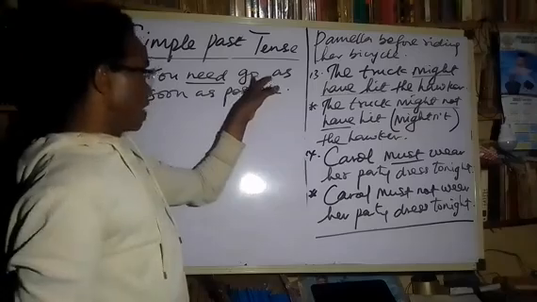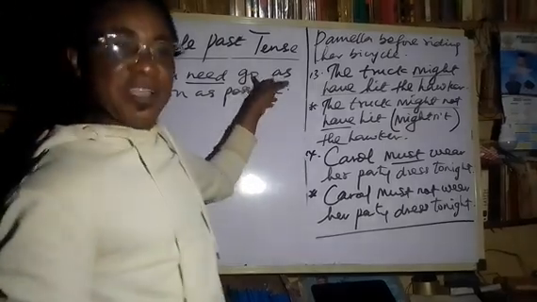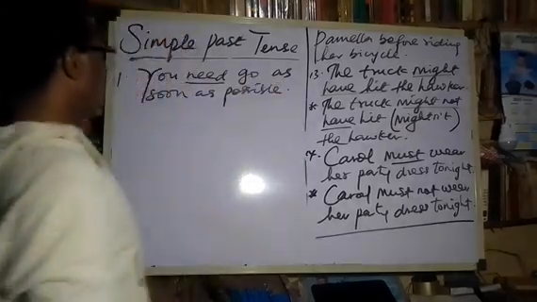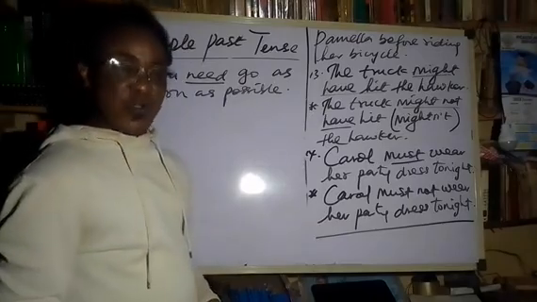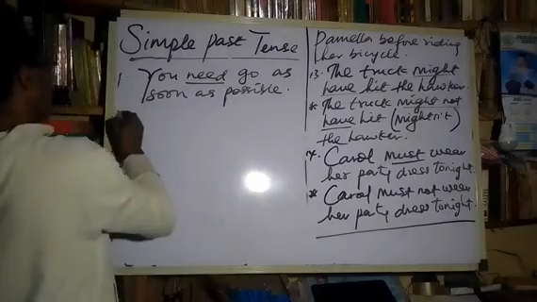When we use it also correctly without the to, it becomes a bare infinitive. So we can say you need to go as soon as possible, or you need go as soon as possible.